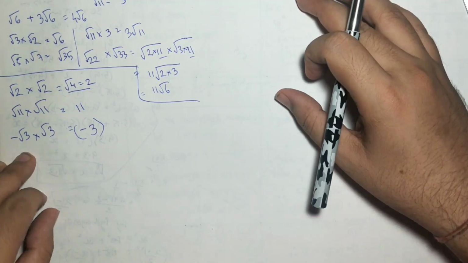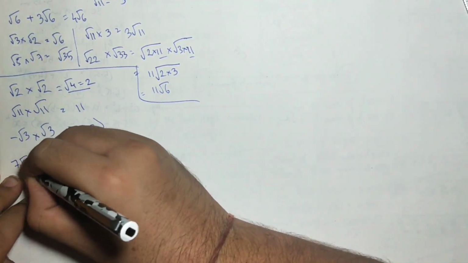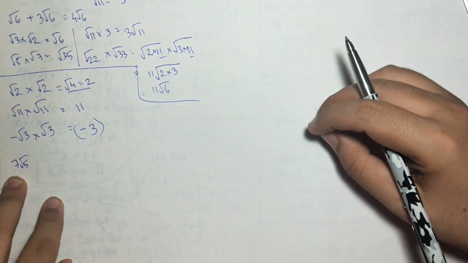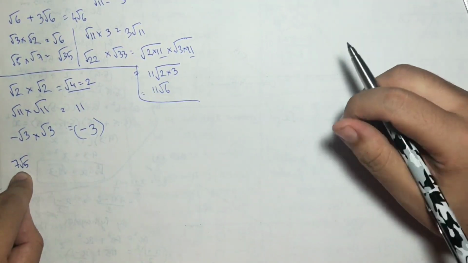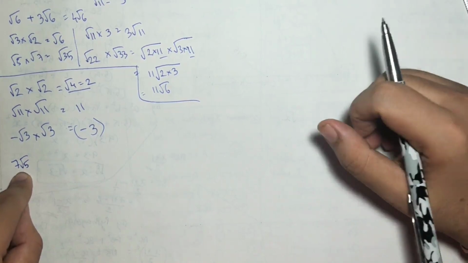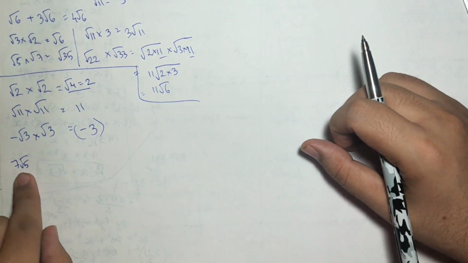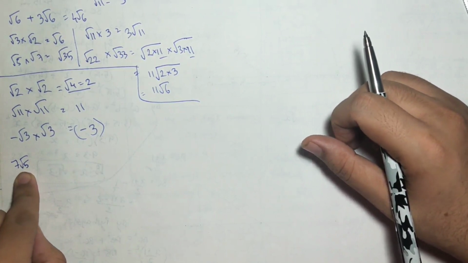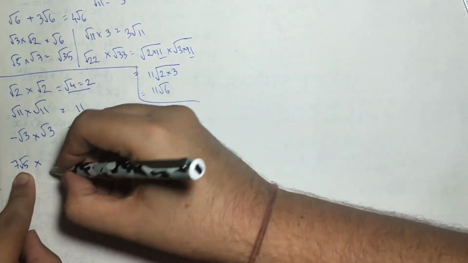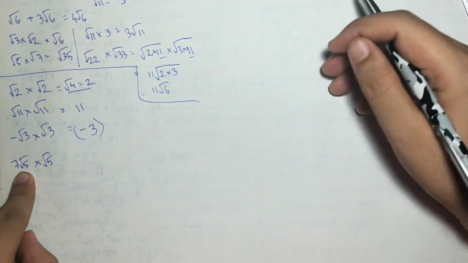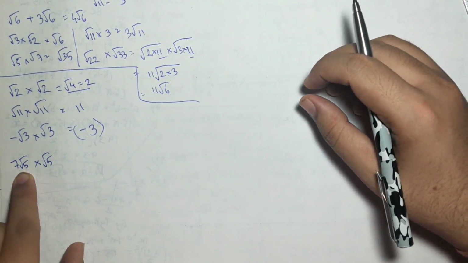Now, let us take one more case. 7 root 5. Is 7 root 5 a monomial or binomial? Obviously, it's a monomial because they are getting multiplied. To rationalize this, to make this rational, I will multiply this number with only root 5.